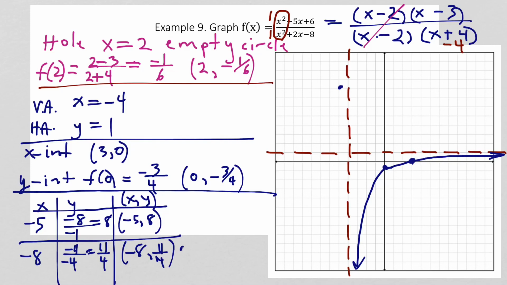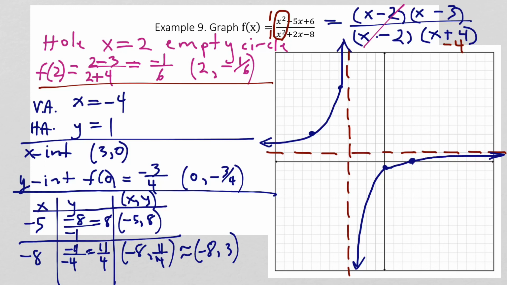So this is approximately negative 8, 3, roughly. Let's see where that would go. So negative 8, 3, 1, 2, 3, so up here. Okay, so we can sketch it in now like this. It's going to head for the asymptote here and here.